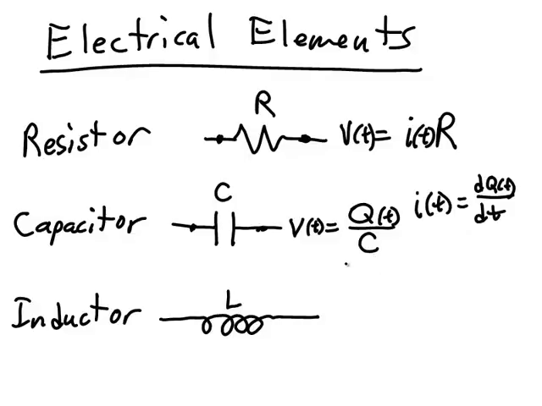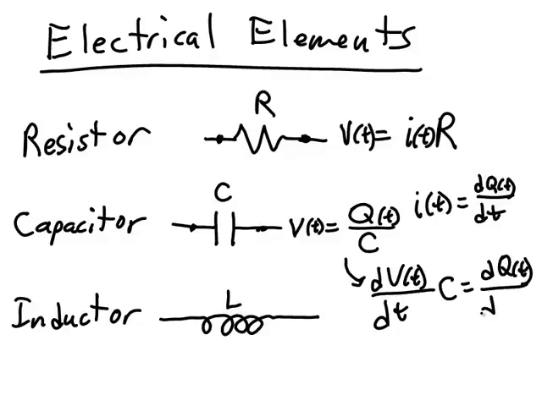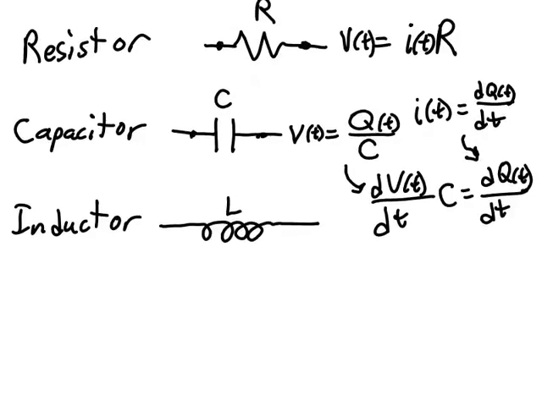Now, let's see what happens when I take the derivative of this equation. If I take the derivative with time of both sides of this equation, now I can plug in the value of dq/dt from the previous equation, and I get this relationship.